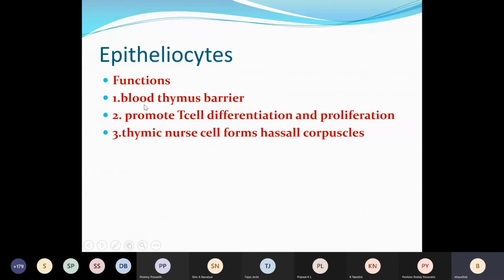It forms the blood thymus barrier, and promotes T cell differentiation and proliferation.